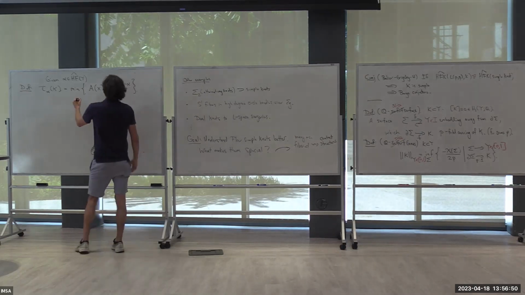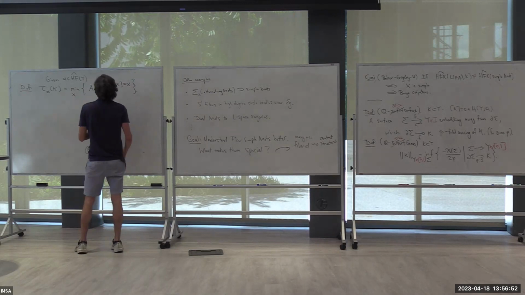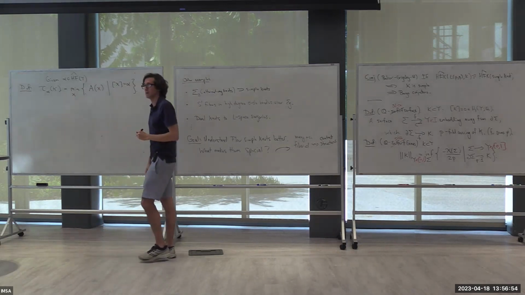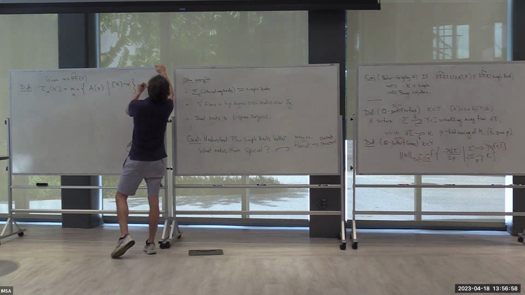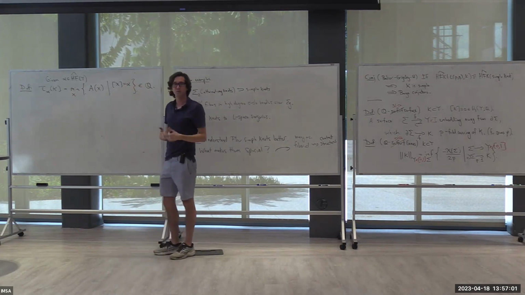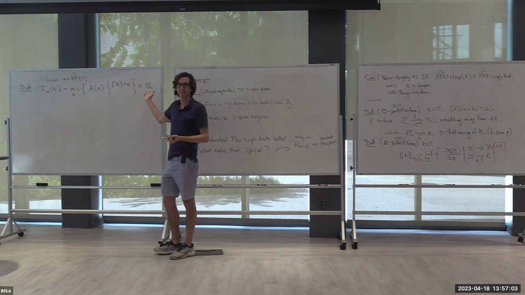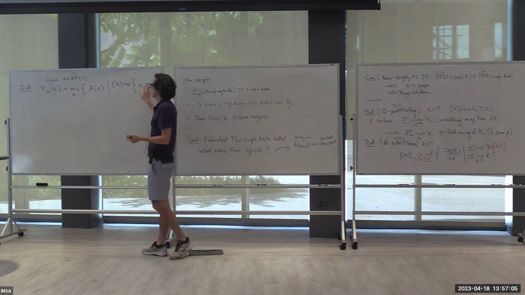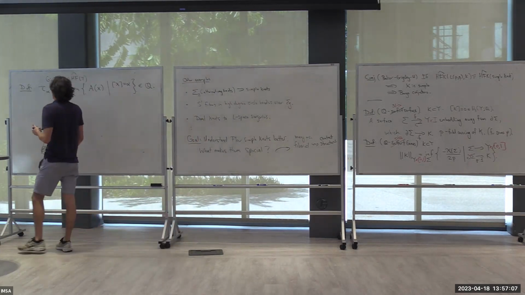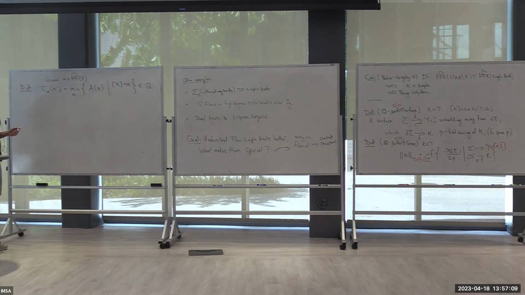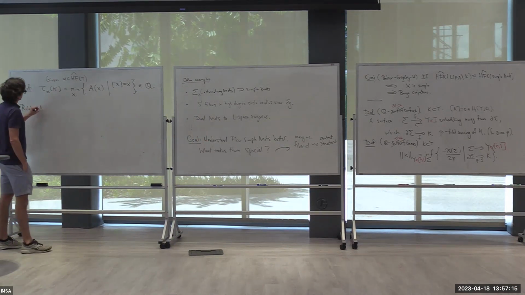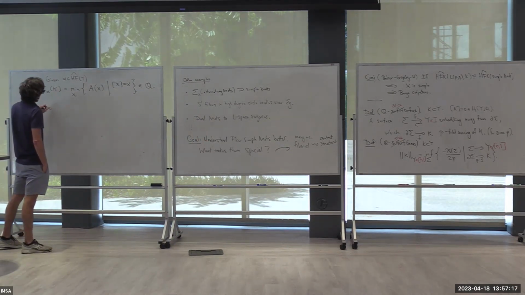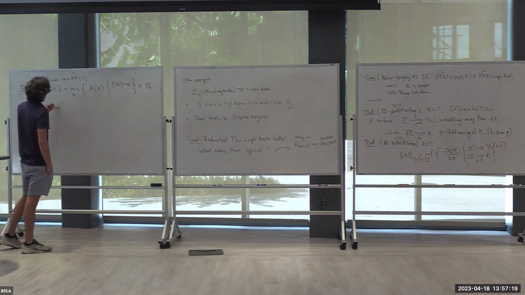So this is the minimum over all x such that the homology class of x equals alpha. In general, this is a rational number. For a null-homologous knot, it is an integer. For a rationally null-homologous knot, the Alexander grading takes rational values. And so we have this relative adjunction inequality.